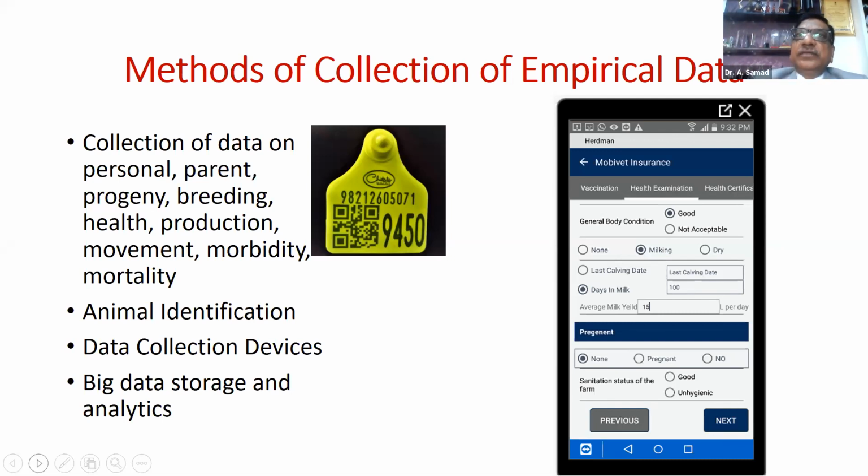This ensures that the person has gone to the animal, because unless he is able to scan and his GPS is located in the server and cross-verified, he is not able to enter the data. And number two, when he enters data from the animal side, there is no other transcription required. So that becomes very credible, empirical data which can be captured. Next, please.